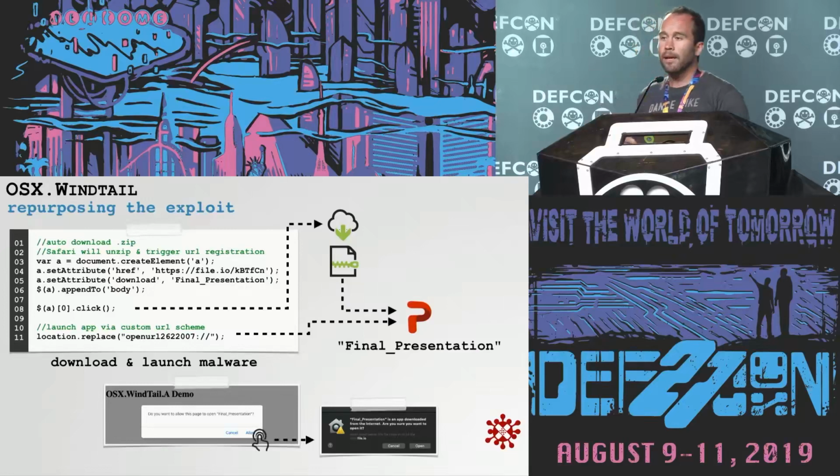All right, so now it's time to coerce this lovely backdoor to do our own bidding. So first, let's talk about repurposing the exploit. It's pretty simple to create a malicious web page that auto downloads a zip file containing a malicious application. As we mentioned, Safari by default will auto expand zip archives.